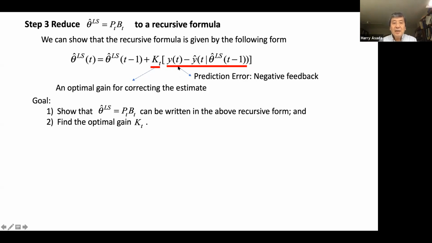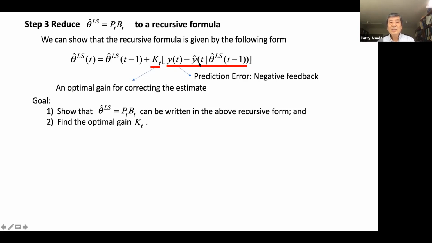Here, if you look at y_t minus y hat, what is this? y_t is the real observation. y hat is the prediction based on the current best knowledge about the parameter theta hat, which is known at time t minus 1, right?